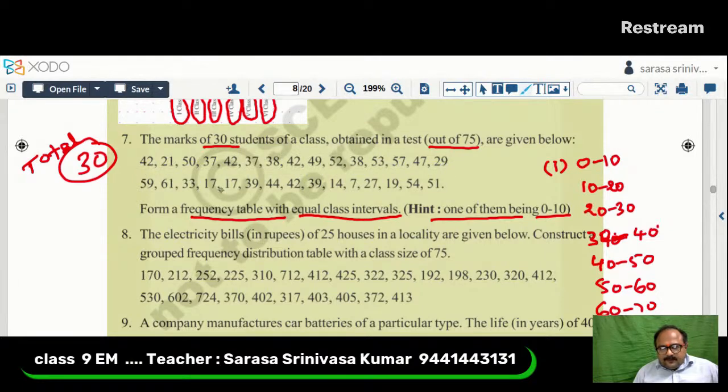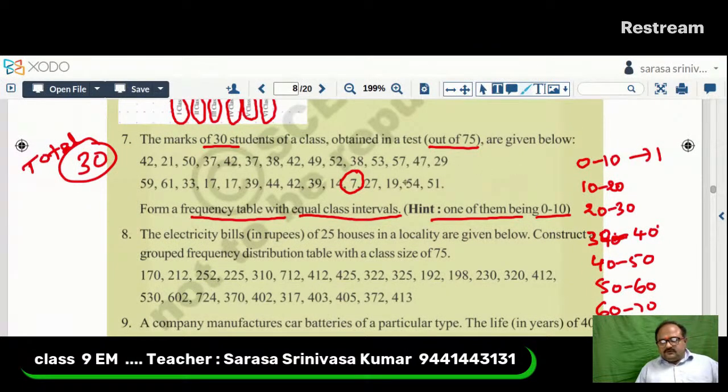No. Next, 7 marks. So how many students are there in the 0 to 10 class interval? In the 0 to 10 class interval, one student is there. So the frequency of this class interval is 1.